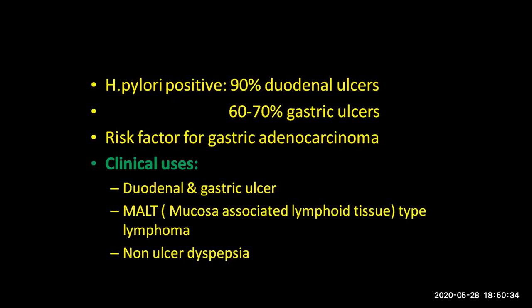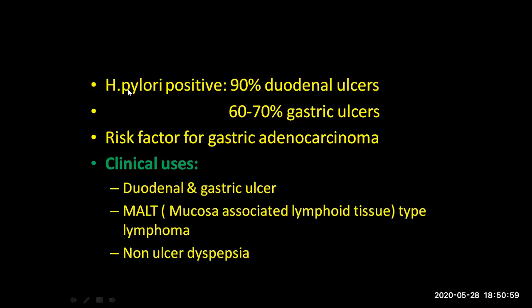Whenever a patient has ulcers which are very recurrent and resistant to the usual proton pump inhibitor therapy or H2 blocker therapy, then we need to probe through endoscopy whether the patient has H. pylori infection. Only by treating this H. pylori infection will the patient be relieved of the recurrent ulcer formation.